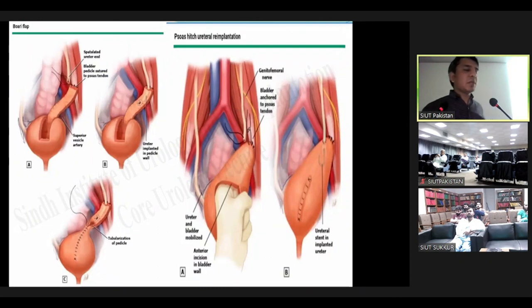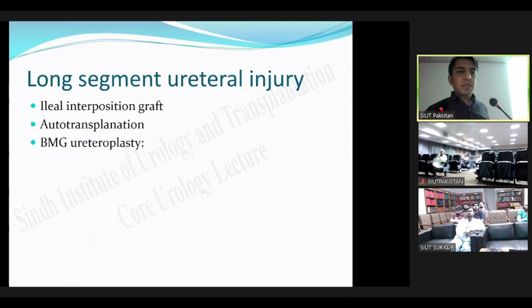The Boari flap is performed by first identifying and raising the flap. After that, we will tubularize the flap, and the tubularized flap is then anastomosed with the transected ureter.